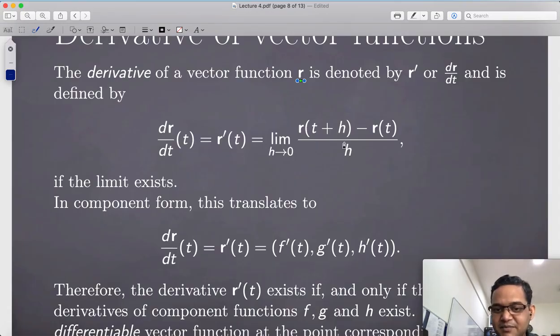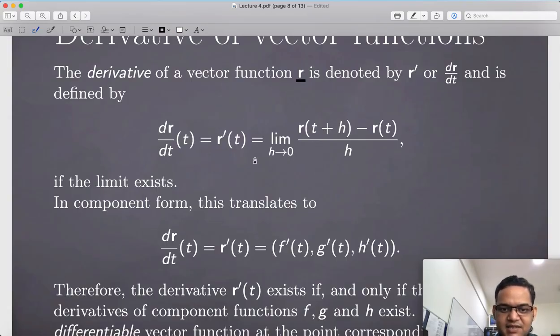So this is a scalar multiplication. Look at this: the numerator here is a difference of two vectors, so it's a vector, and this h is a scalar. So what I am doing basically is scalar multiplying this vector, isn't it? If this limit exists, we say that the derivative of r at the point t exists.